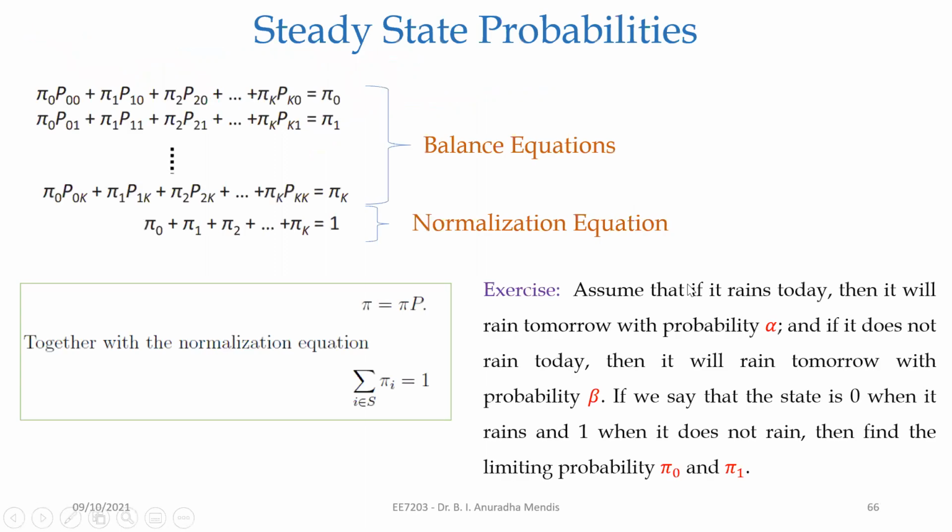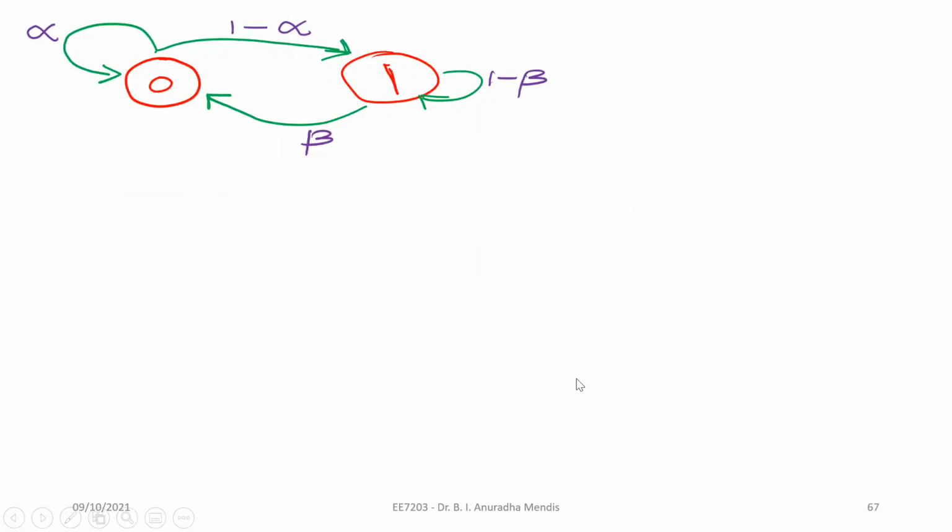Now you find the limiting probability phi naught, phi 1. So what is the probability of state phi naught and what is the probability of state phi 1, given the system is in steady state? So what you have to use is this equation: phi P equals phi, the balance equation.